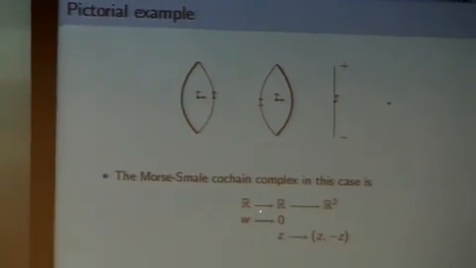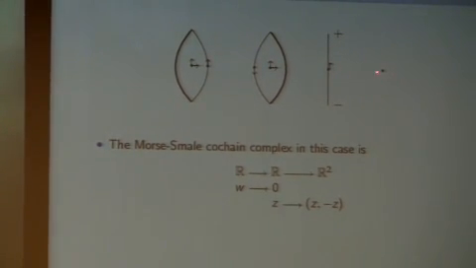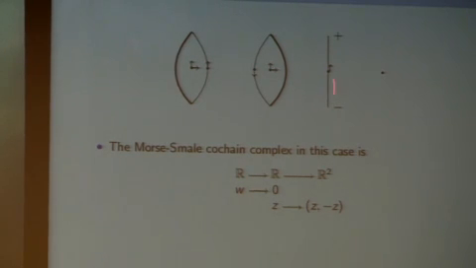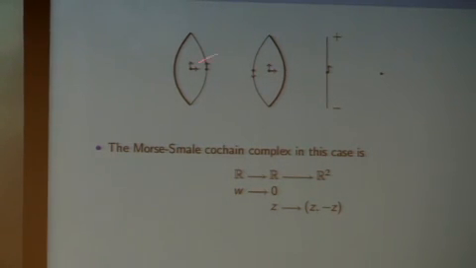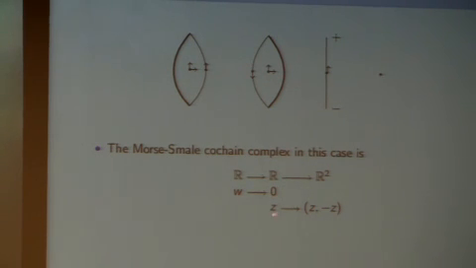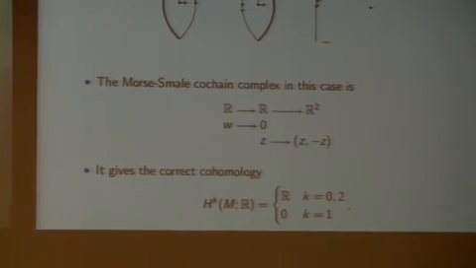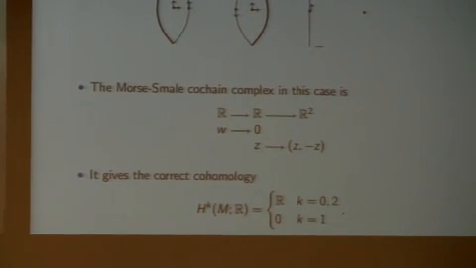So there's a copy of R, which is spanned by guys over here, a copy of R spanned by guys over here, and then 2 things living here and here. The differential, as I said, is 0 here, and this one maps to Z minus Z. So if you take the homology of that, you get, surprise, the homology of this. So it must be true. All right, so thank you.